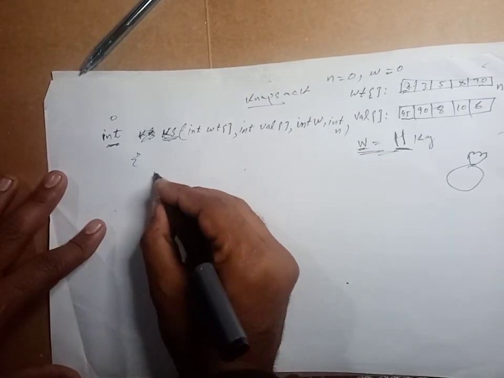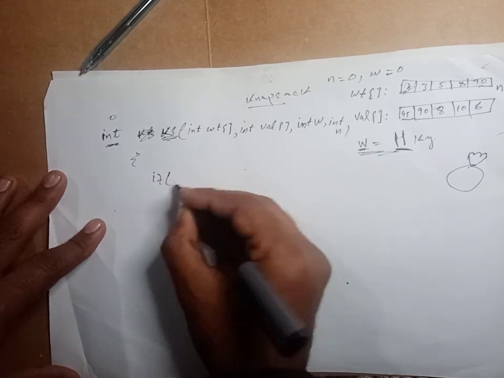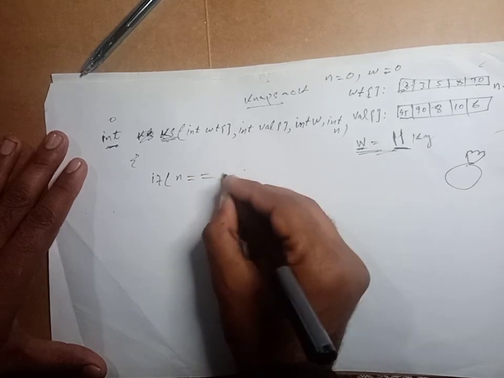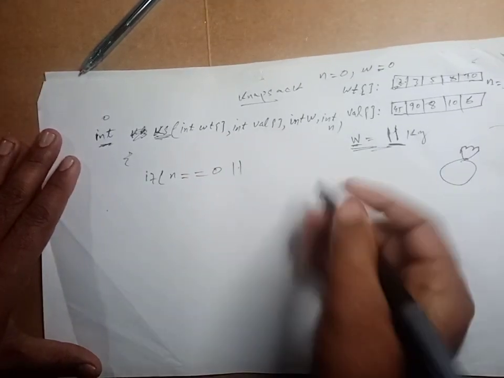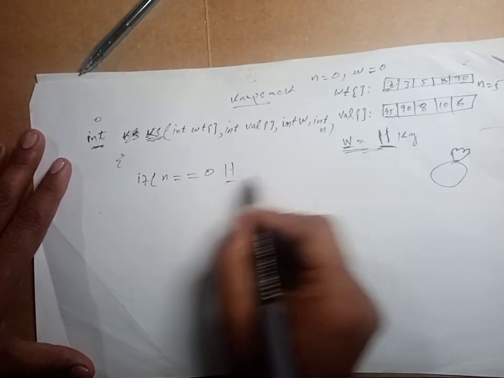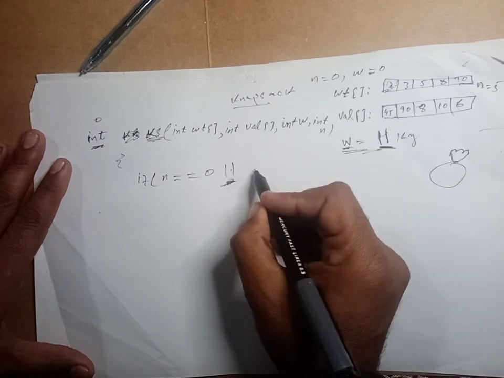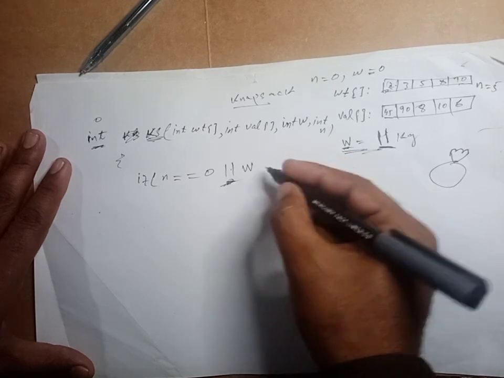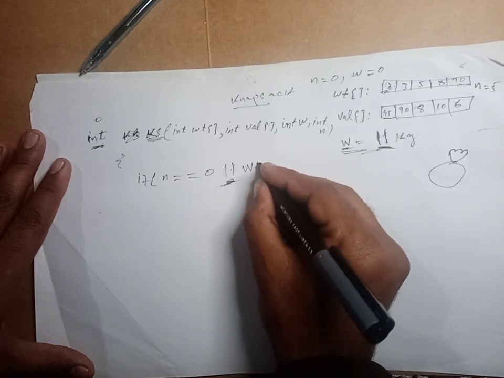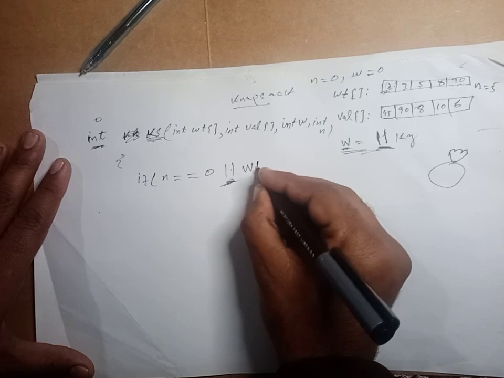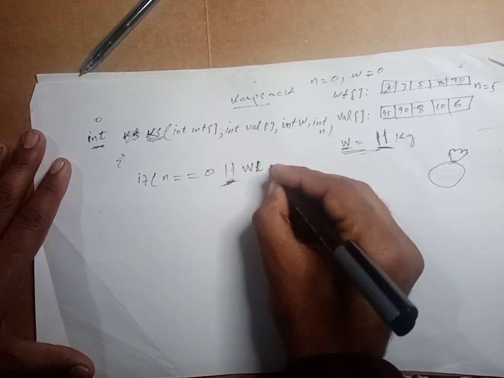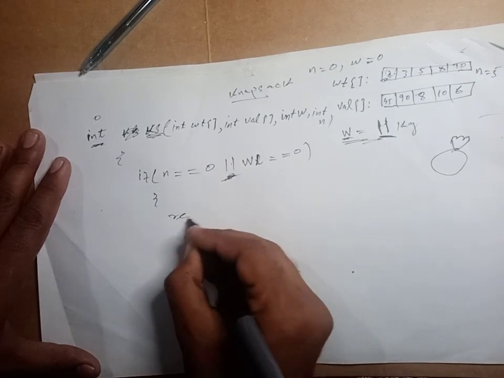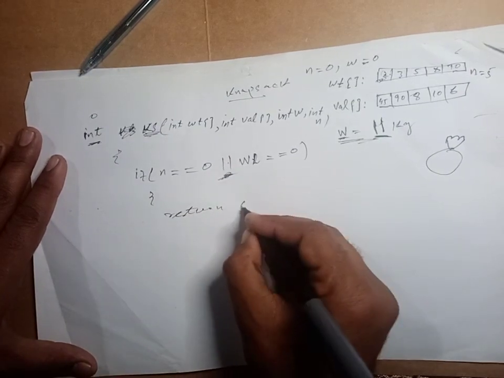So we put it like this: if n is equal to 0 or W is equal to 0, return 0.